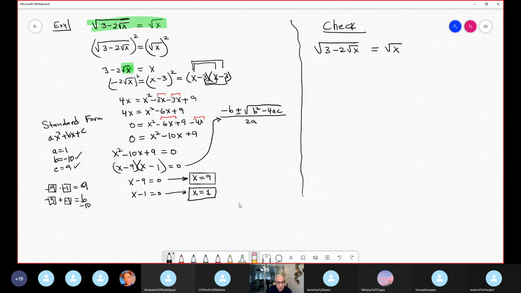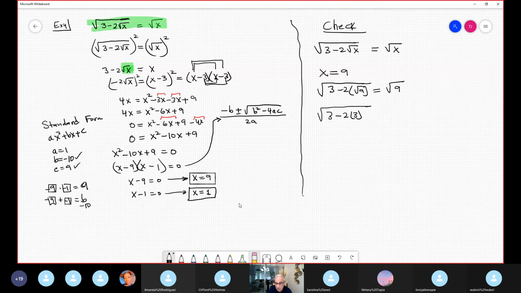Okay, now substitution for 9. X equals 9. Square root of 3 minus 2 times square root of 9 should be square root of 9. Wow, what the hell is that? Look at that. Square root of 9 is 3. 3 minus 2 times 3.